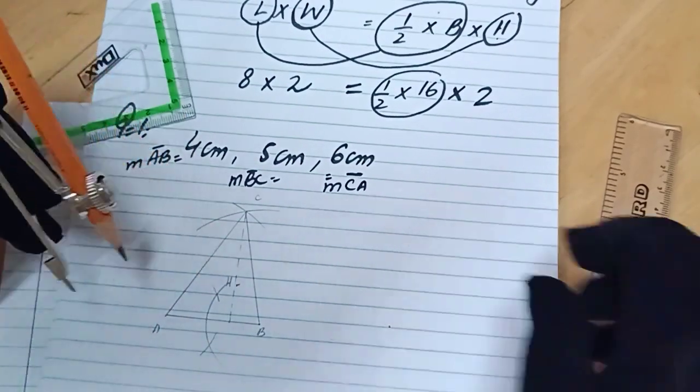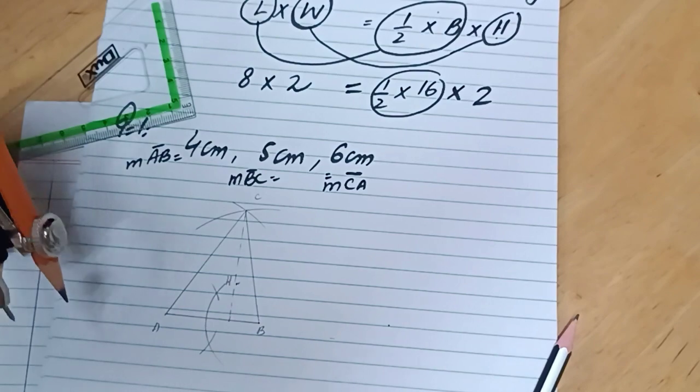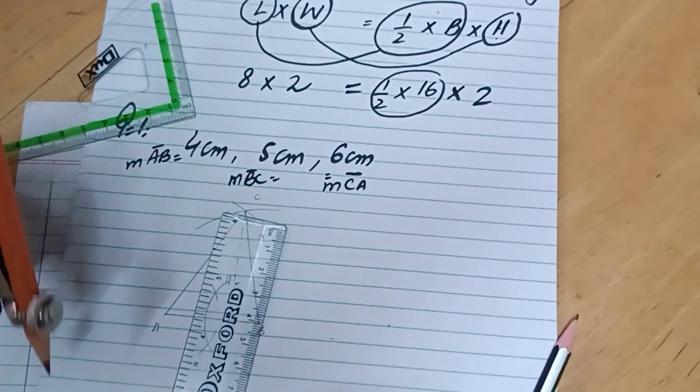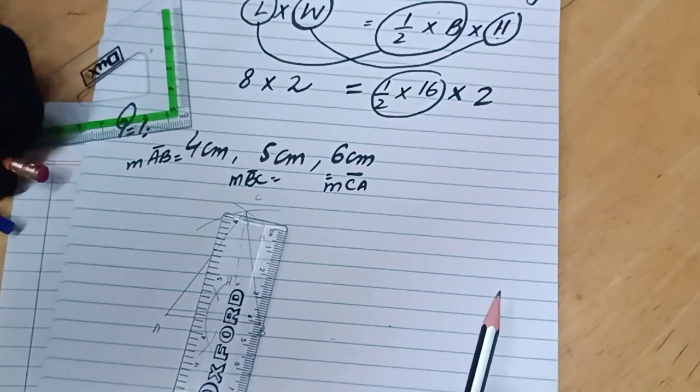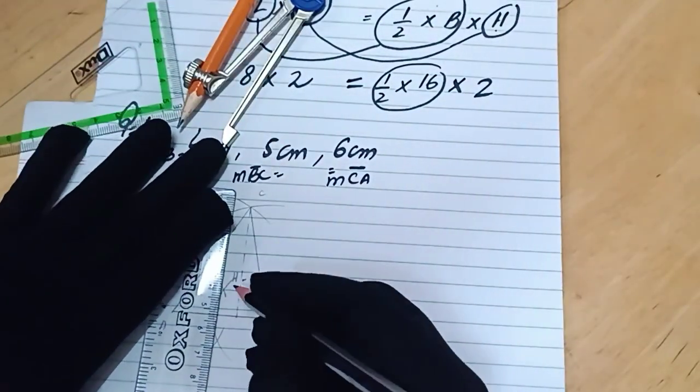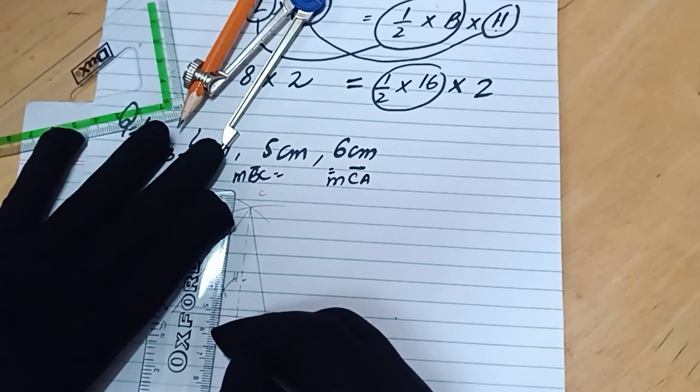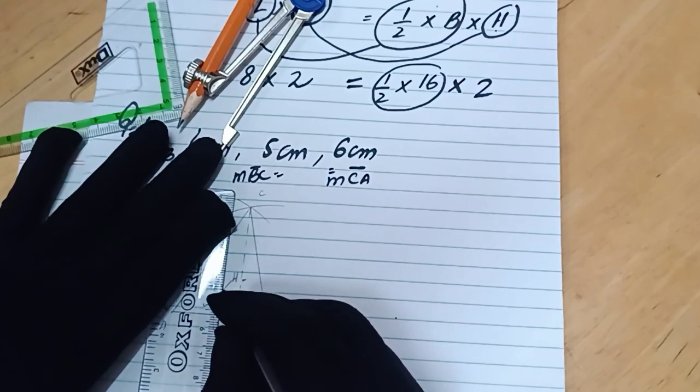Make the arcs. Now we will take the bisection point, from this to this. So this is giving us the midpoint.